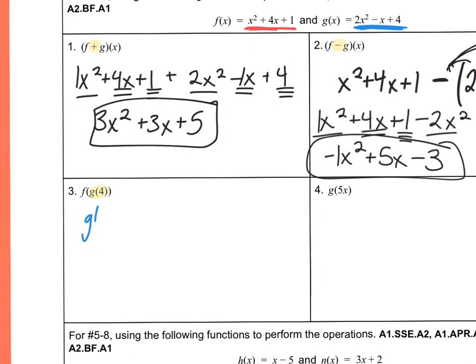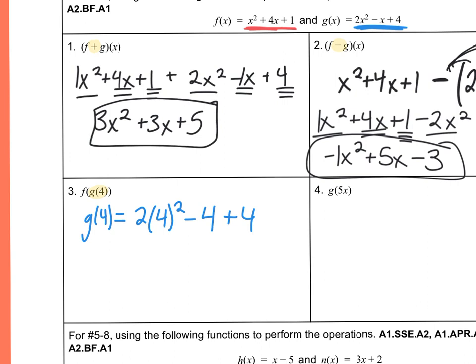And I just need to plug in 4 for g. So g of 4 equals 2 times 4 squared minus 4 plus 4. So my calculator will do that for me, but if I wanted to do it in my head, what would need to come first?